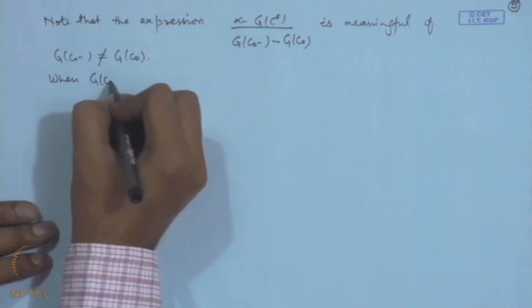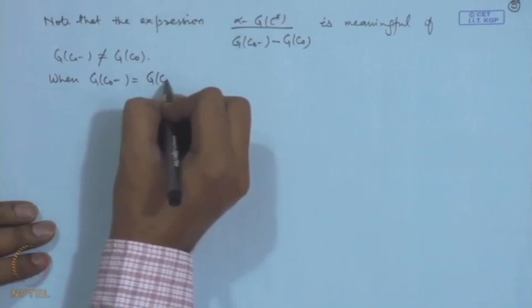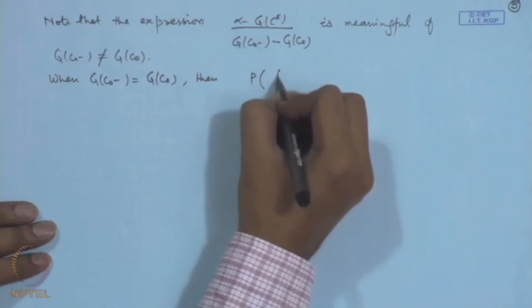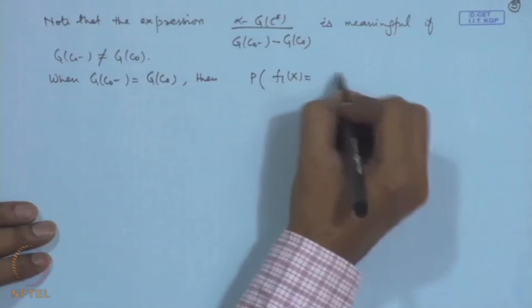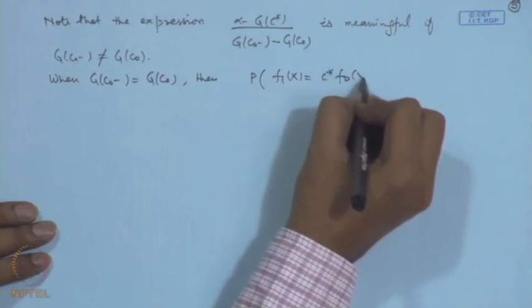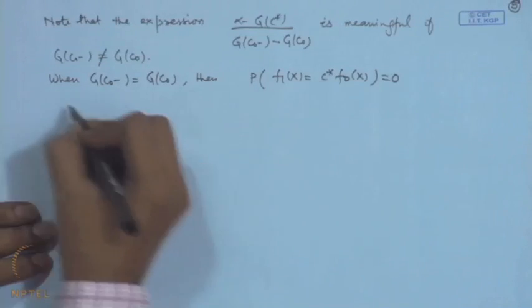When g c naught minus is equal to g c naught, then probability that f 1 x is equal to c star f naught x, that is equal to 0.